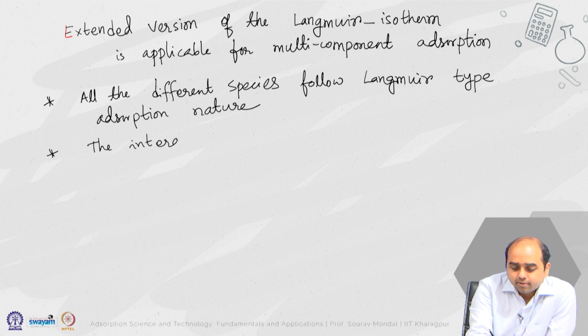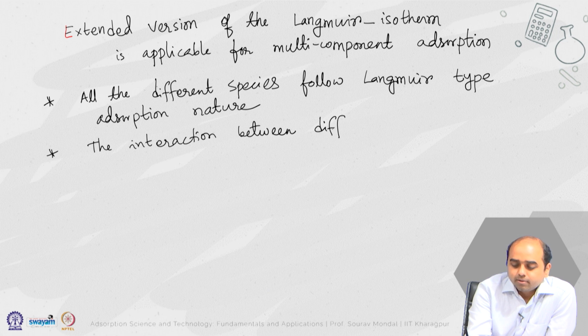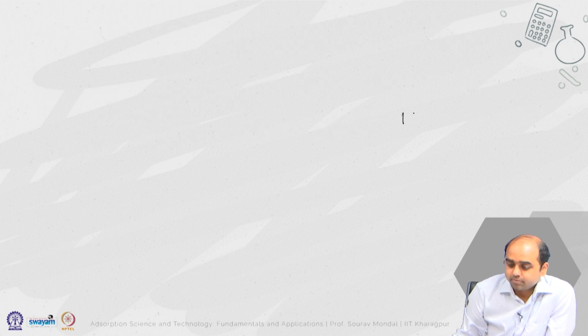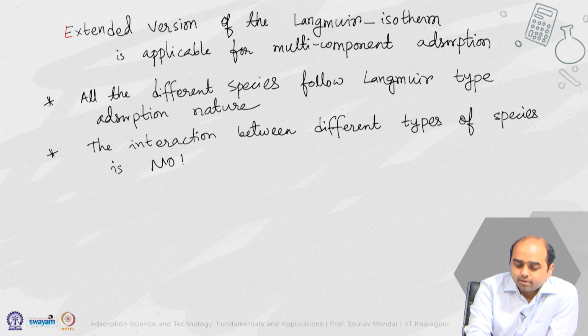The interaction between different types of species is absent, which is also the case for the single component, but there you had only one particular type of species. Here, with different types of species, there is also no interaction that is considered. The interaction between different types of species is not applicable here.